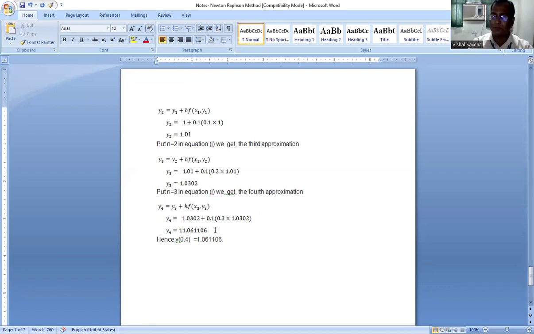So in this way, Euler's method can be applied to solve the equations. But Euler's method does not give as accurate a solution as Euler's modified method or other methods.